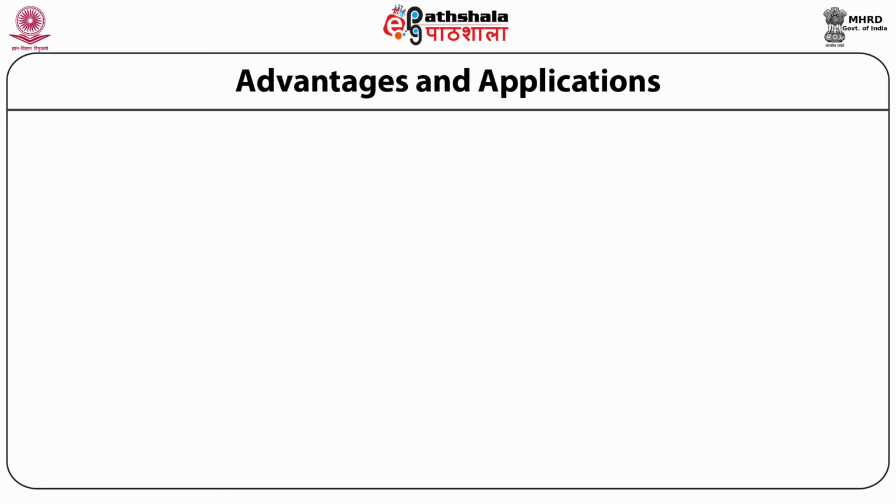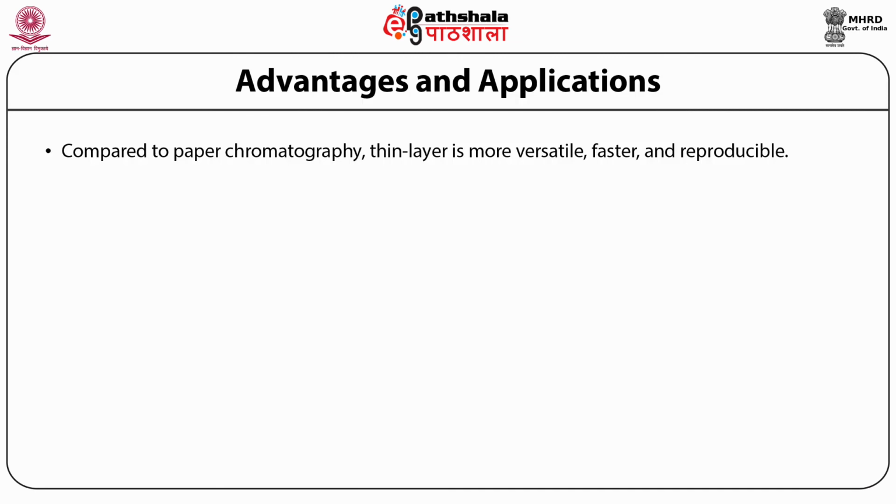Advantages and applications. Compared to paper chromatography, thin layer chromatography is more versatile, faster, and more reproducible. It is often used as a pilot technique for a quick look at the complexity of a mixture or as an aid in establishing the best conditions for large scale column chromatography.